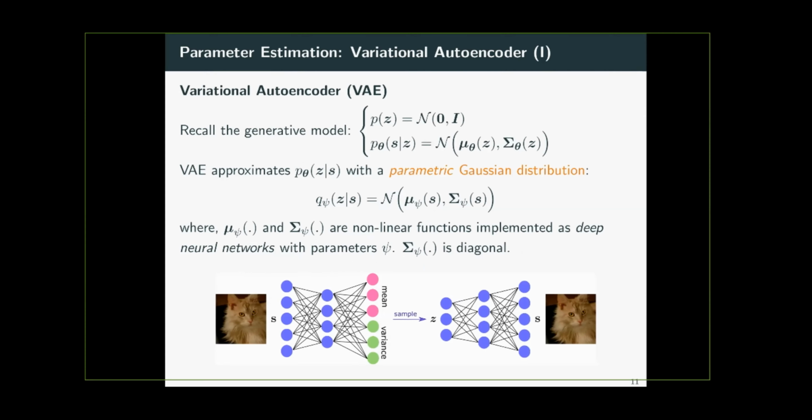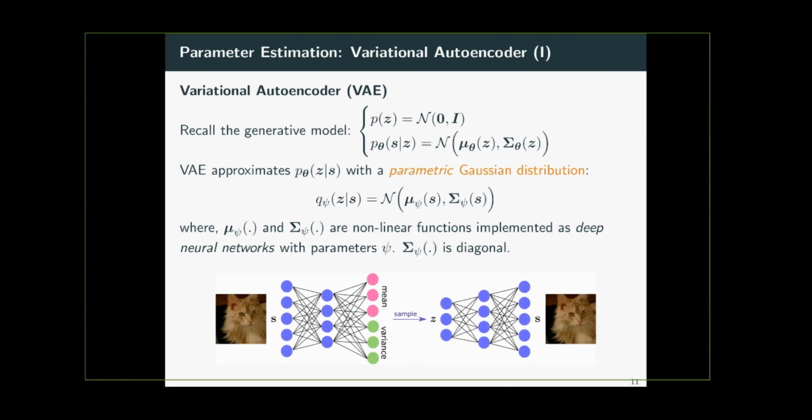We have a standard multivariate Gaussian distribution for the prior on Z, and I have a posterior distribution that depends in a nonlinear way on Z. Then what a VAE does is approximate the posterior distribution with a parametric Gaussian distribution, this Q psi of Z given S, that depends in a nonlinear way on S. But here, just be careful, they are not the same parameters.